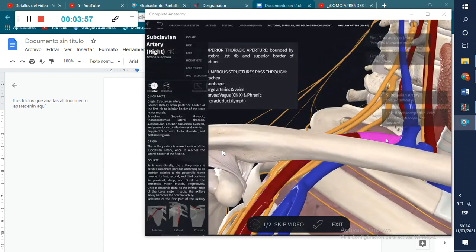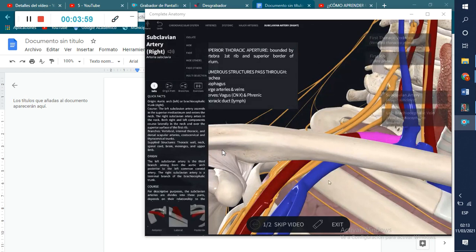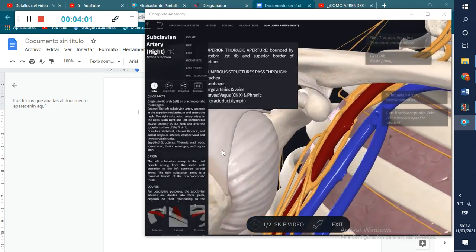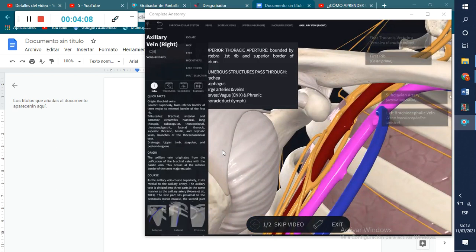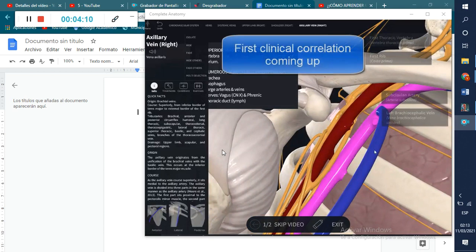If I follow this up here, we can see back there is the subclavian artery, and the subclavian artery can be divided into three parts. And along with that, parallel to the subclavian and then the axillary artery, we also have the axillary and subclavian veins.